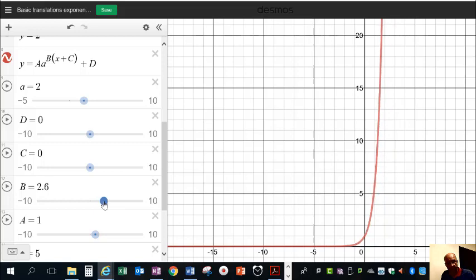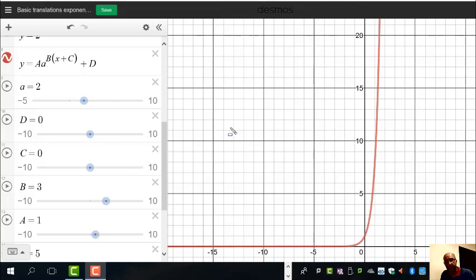The larger b is, the more compressed it is horizontally. So that's a compression horizontally.